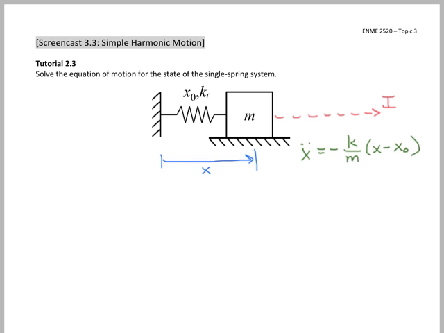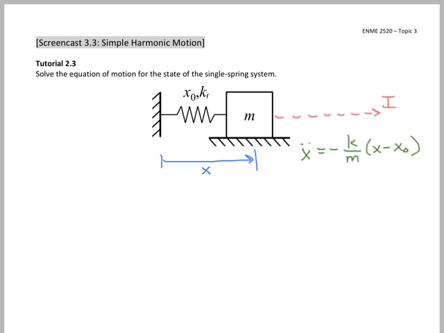But what we're going to draw on to solve this equation are the concepts that you learned in your differential equations course. And in there, you developed a new set of tools that you apply to differential equations. And so the first step is we're going to make this easier by changing the coordinates. So we've already defined a coordinate of x, but in our differential equation, we're referencing this to a constant, which is x naught.